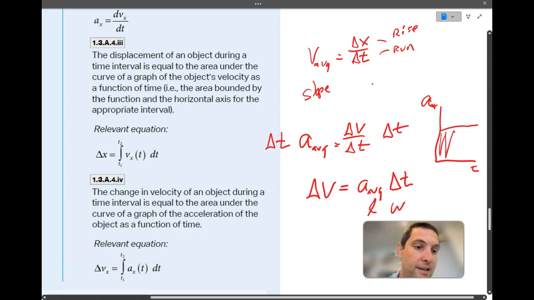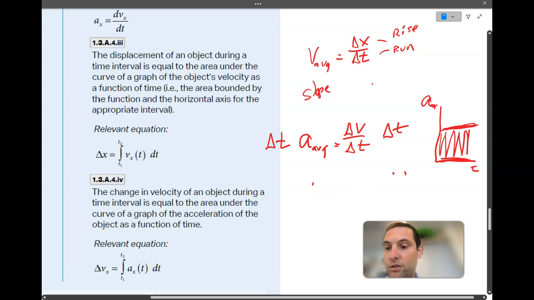So whatever that area between my curve and the positive x-axis is going to give me my velocity, and that is what our integral tells us. So here you can see we're integrating.